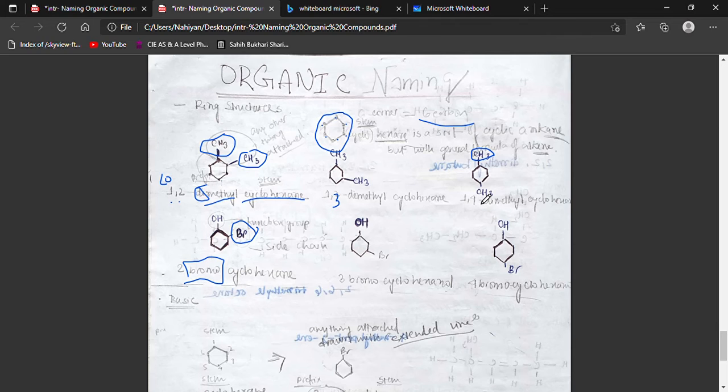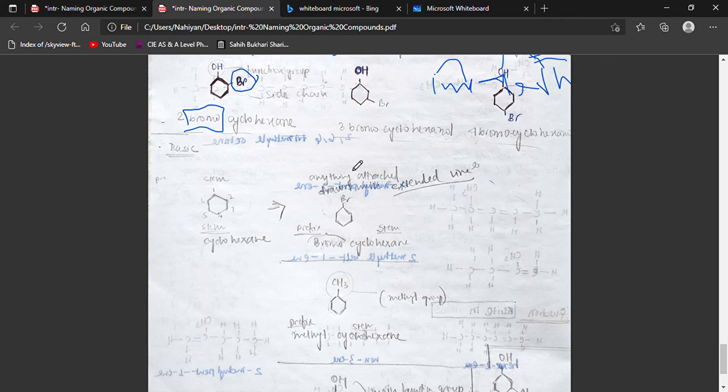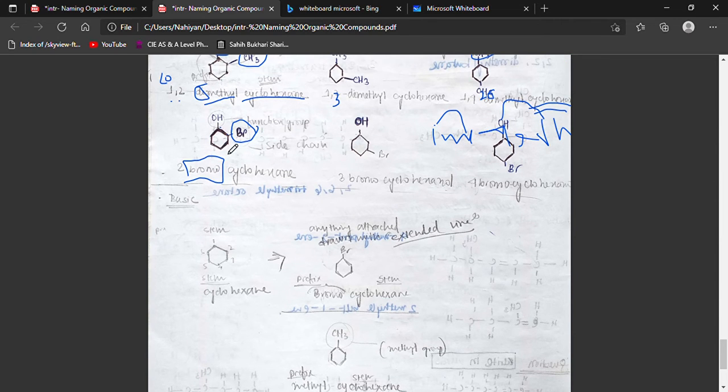Let's say this is C2H5, so it should be 1-methyl-4-ethyl, because for 2 carbons you need to have eth. So in the first carbon you have 1-methyl and in the fourth 4-ethyl. Then you write the compound's name, which is cyclohexane. Similarly, here we have 1, 2, 3, 4, 5, 6 carbons as well. So it's cyclohexane. And now moving on to the functional group.